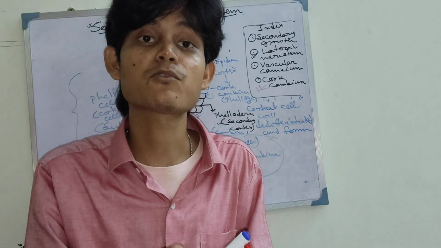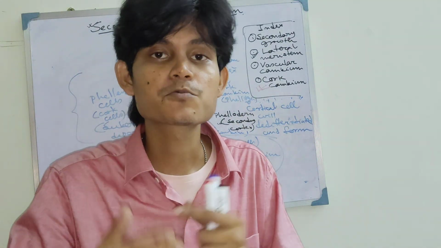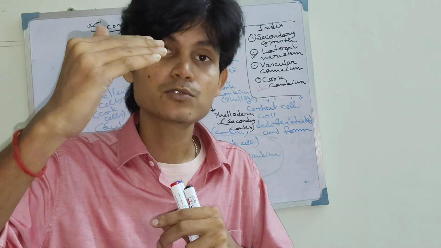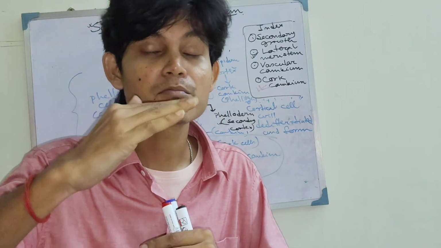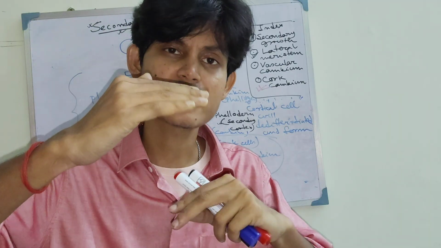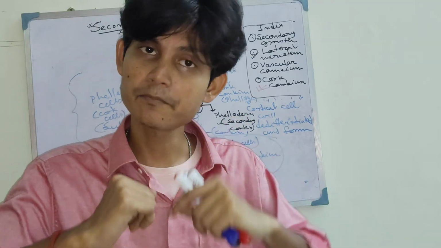These two combine and form the cambium ring. It will cut off cells in two directions: towards the periphery it will produce secondary phloem, towards the center it will produce secondary xylem. The amount of secondary xylem will be much higher than the secondary phloem.